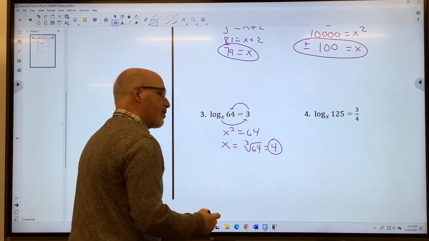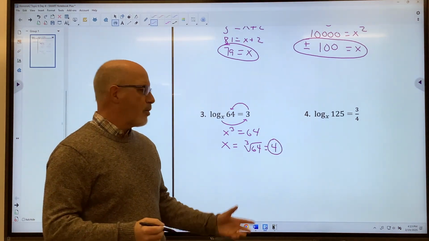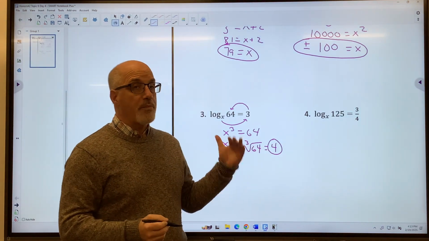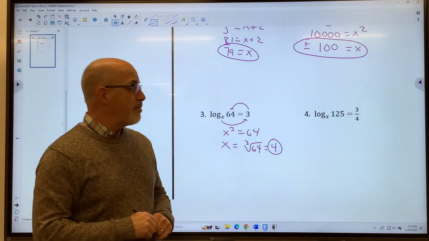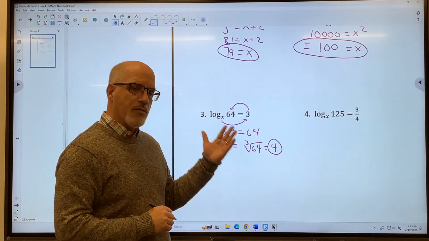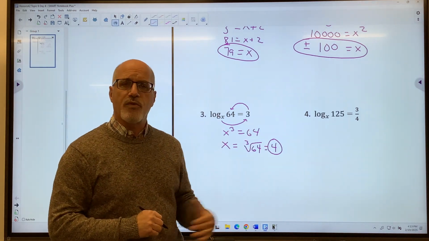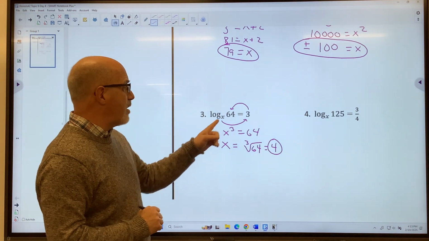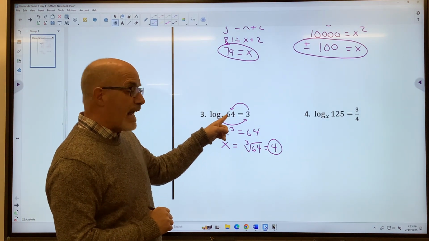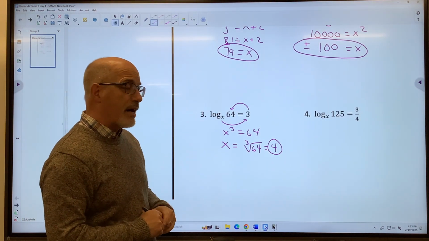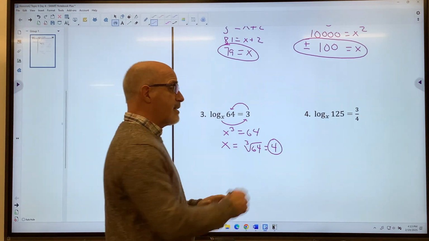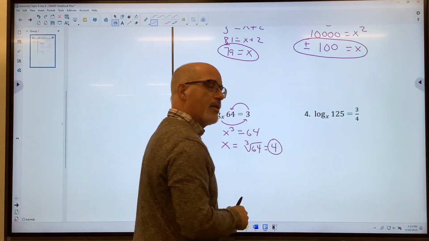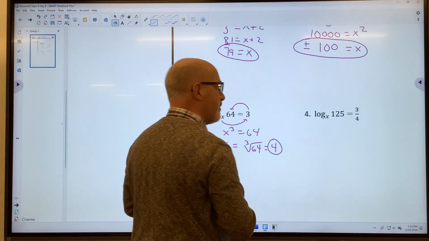Now you can do that on your calculator if you'd like to, or you can use this as a 1/3 power on your calculator. Or you might know that if you multiply 4 times 4 times 4, you get 64. So our answer to this one is 4. Notice that I already have a number there, so I don't have to worry about it being a negative or not. Same thing here, I've got a number there, so don't have to worry about a negative on this one.